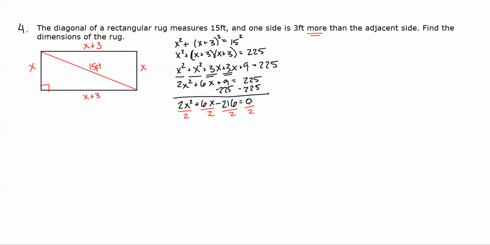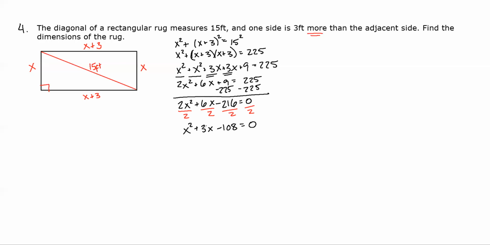I'm doing it to every single term, even the 0 on the right, even though it's not going to change it, just so you're in the habit of always doing it to every single term. So we get x squared plus 3x. Half of 216 is 108, so minus 108 equals 0.